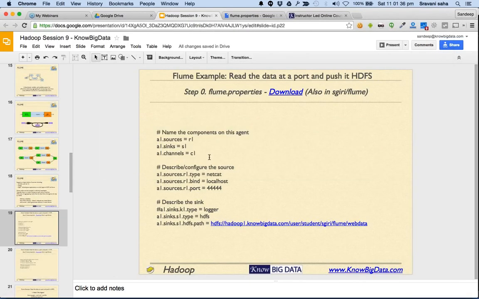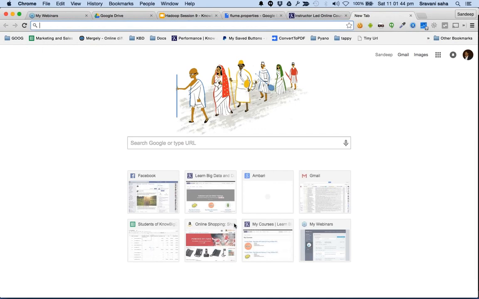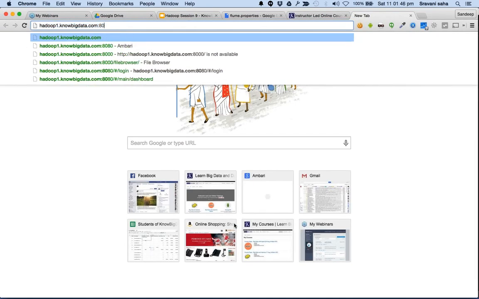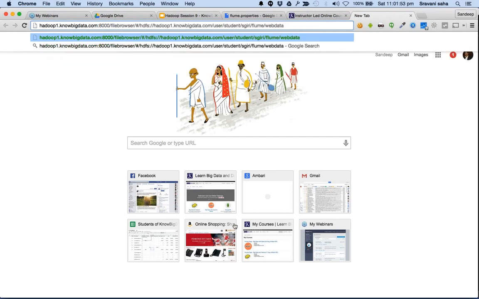All right, let's try to open this location here, and we say Hadoop 8000 slash this data.